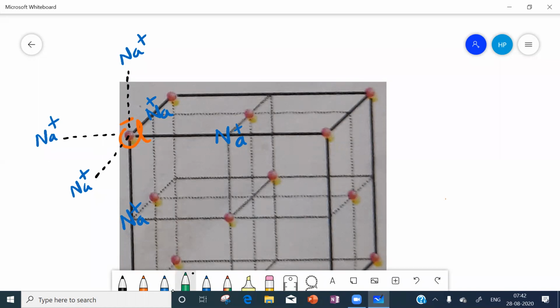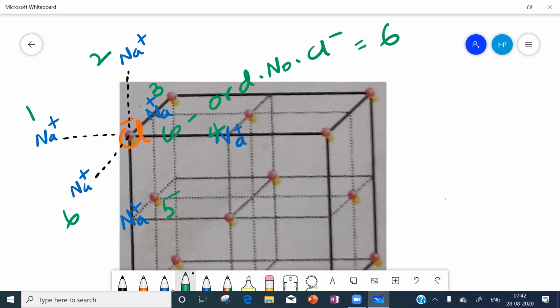Now for this Cl-, the nearest neighbors are 1, 2, 3, 4, 5, 6. So for this Cl-, the nearest neighbors number 6. Therefore, the coordination number of Cl- at the corner is 6.